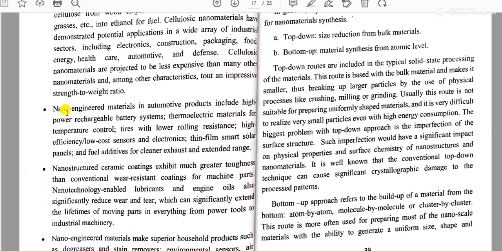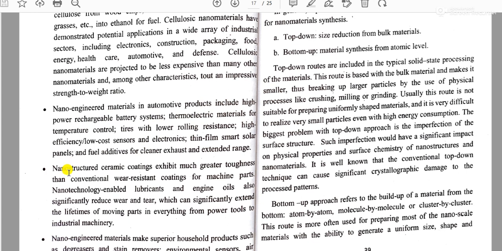So all these are applications of nano engineered materials either in the automotive industry or in the energy industry. Okay, energy industry means for the manufacture of high performance rechargeable battery systems.